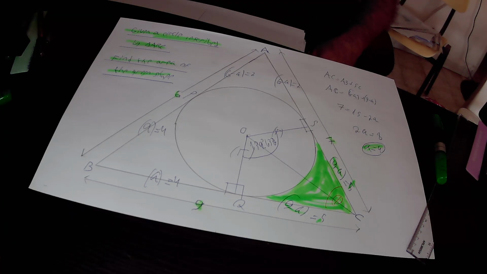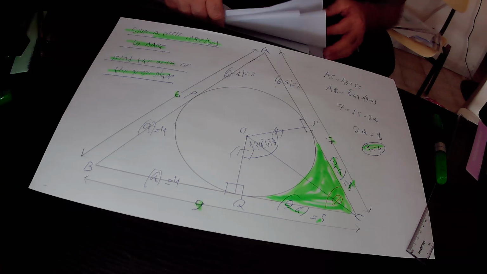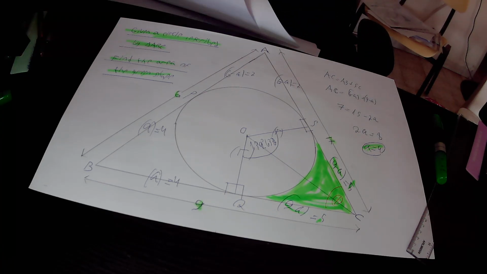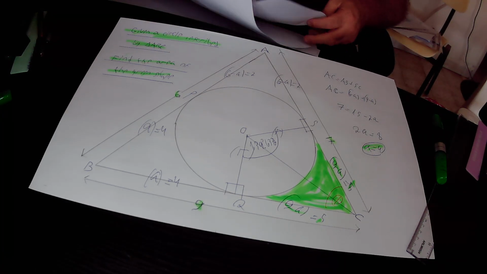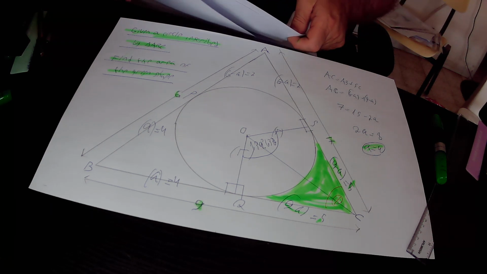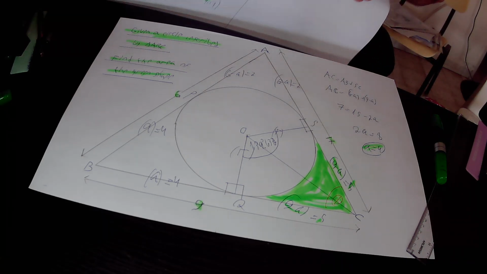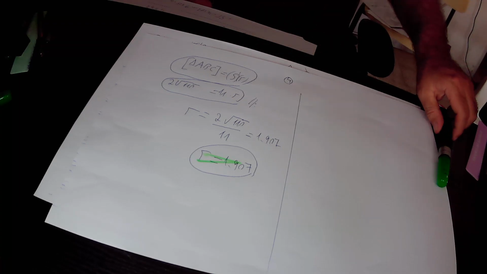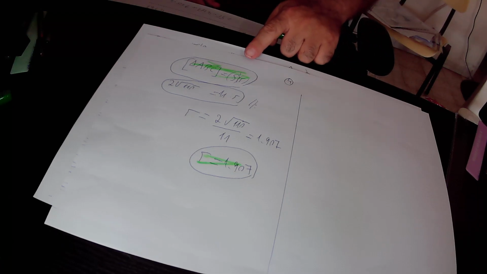We have the special formula that says that the area of any triangle that blocks a circle is equal to the semi-perimeter of the triangle times the radius of the circle that the triangle blocks.